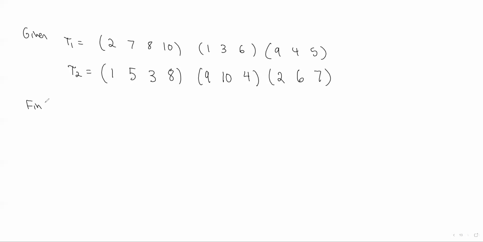Let's say I ask you to find a sigma such that tau 2 equals sigma tau 1 sigma inverse. It's easy. It's just the reverse. You just reverse what we did.